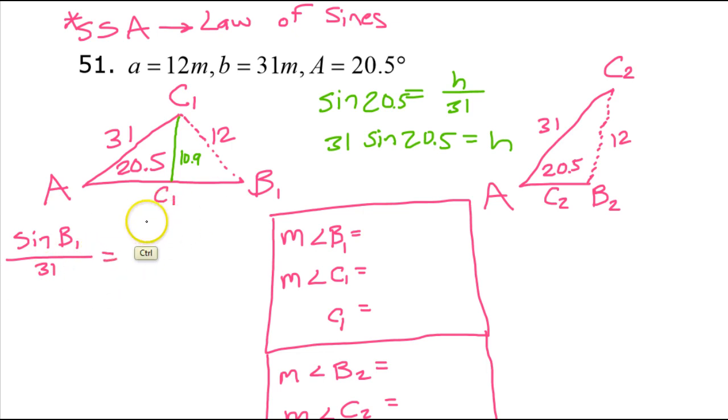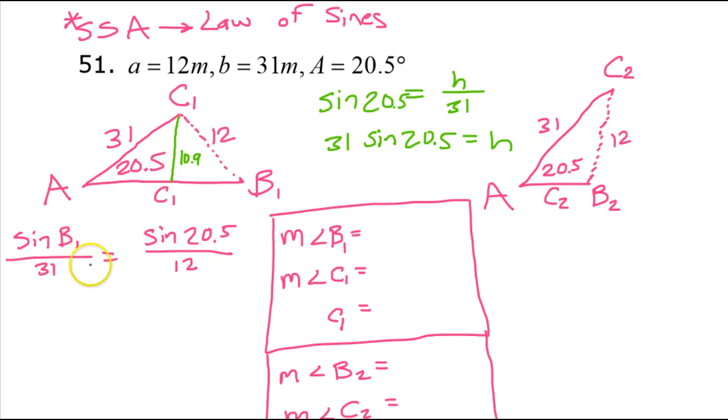And that should equal the sine of some angle. The only angle I have is the 20.5, so the sine of 20.5 over 12. In other words, the sine of A over side A.